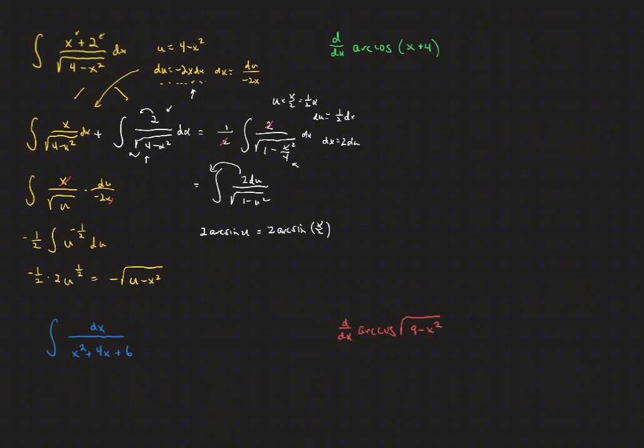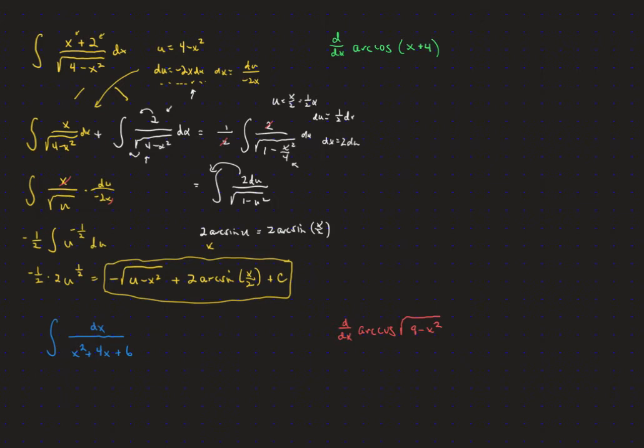So our final answer will combine that, so this will come down and join our earlier integral. So we have another 2 arc sine of x over 2, and after all this, let's not forget our constant of integration. And there we go.